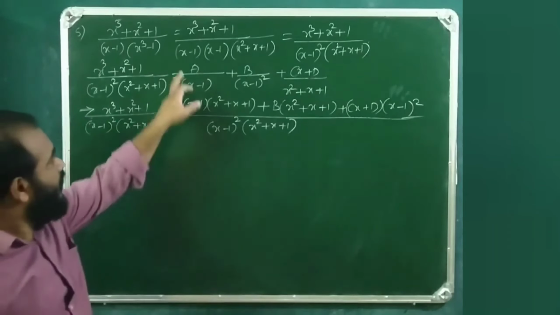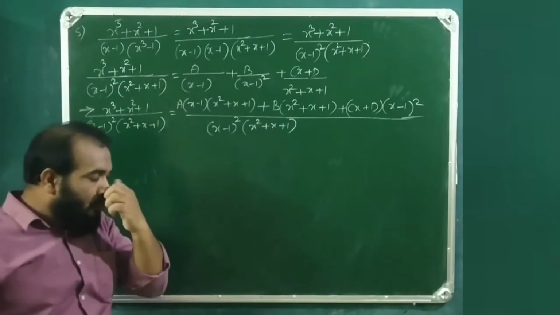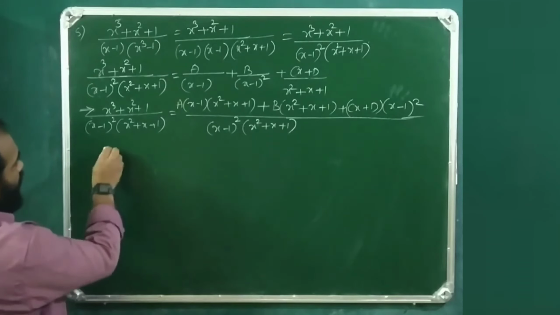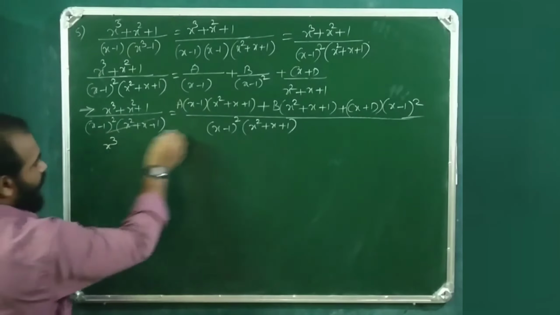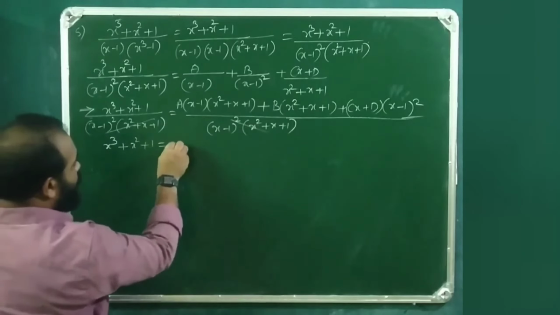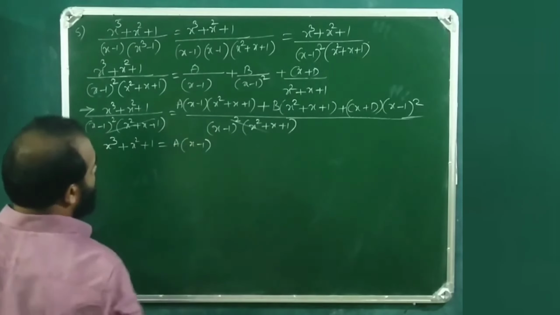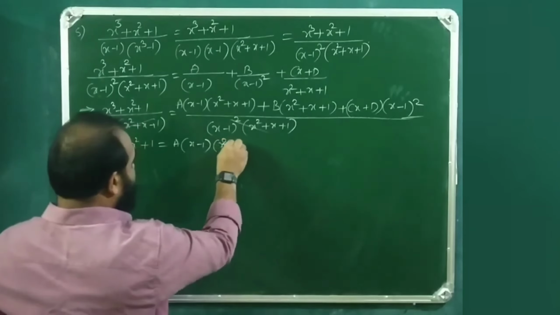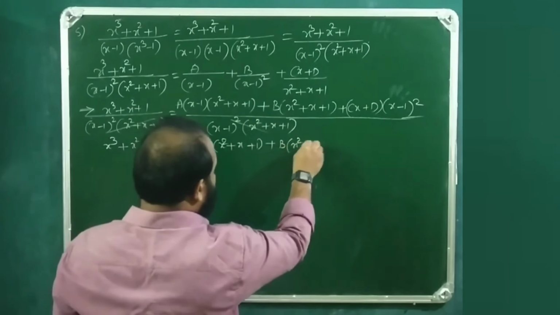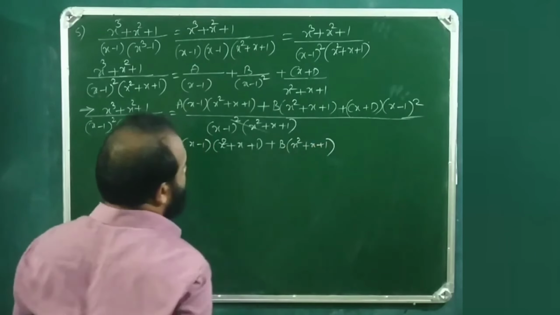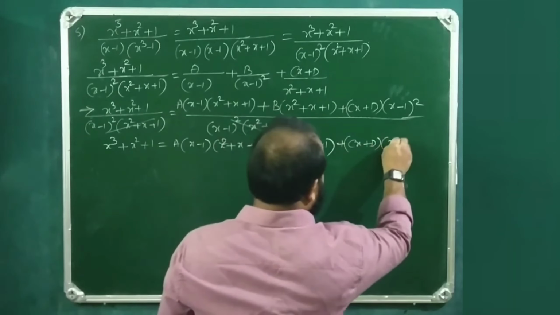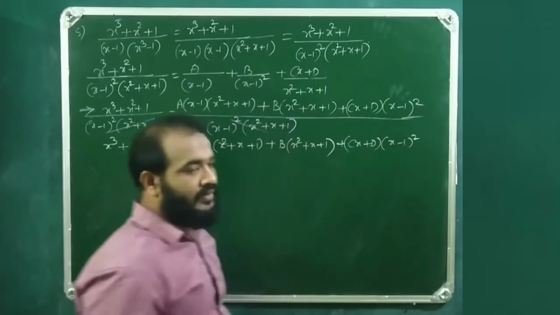So here x minus 1 is the only linear factor, so put x equals to 1. First of all, cancel the denominators: x cube plus x square plus 1 equals A into (x minus 1) into (x square plus x plus 1) plus B into (x square plus x plus 1) plus (Cx plus D) into (x minus 1) whole square.